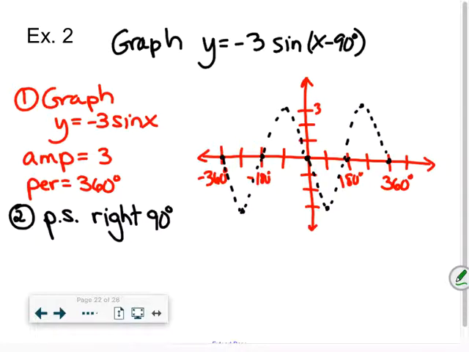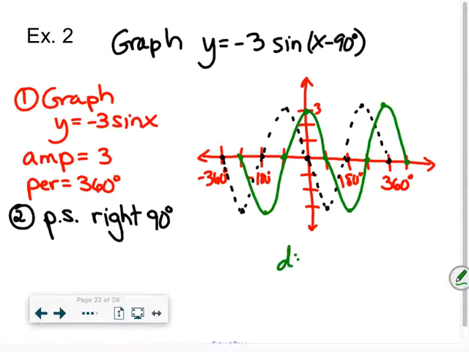So right 90 degrees, you have to figure out how many ticks or what part of a tick this is. Since each tick is 90, I'm just going to take every tick and move it right 1. And then make that one solid. And then it's really neat when you look at it because you can see the graph is physically moved to the right.